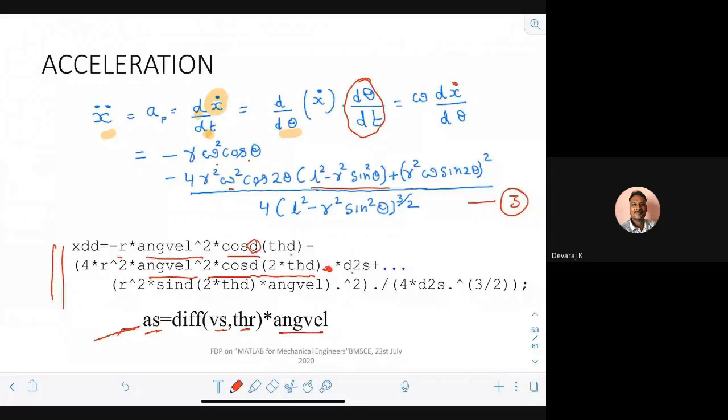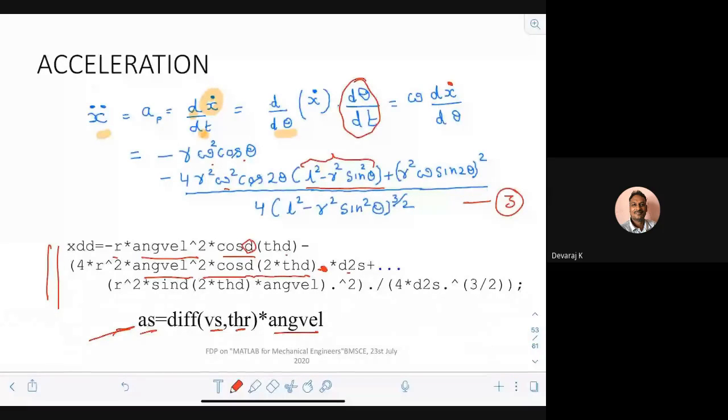into D2S, because this is D2S for us. There's no need for you to type it again, L square minus R square. And then in the numerator, R square omega sin 2 theta whole square. Remember, this is a dot operator because sin 2 theta is again a vector. Angular velocity can be outside. But sorry, I made a mistake here.